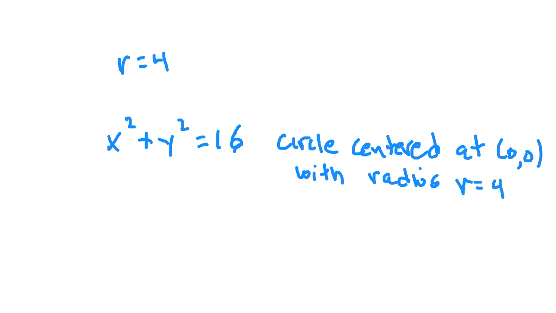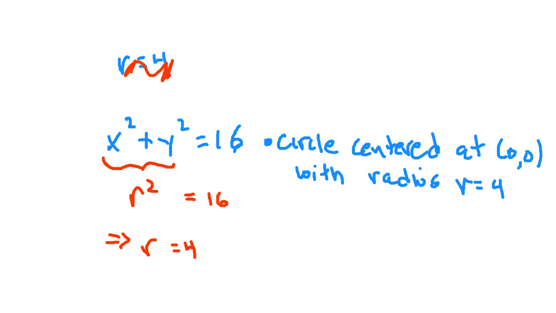We know that. If we wanted to convert that Cartesian equation to a polar equation, x squared plus y squared is r squared. So r squared equals 16, which means r would equal 4. So you have a Cartesian equation and a polar equation. And when you're dealing with circular figures, polar equations are more convenient to use.